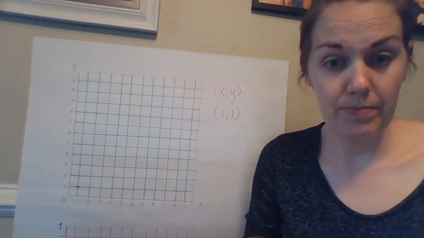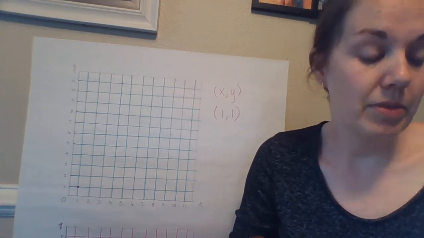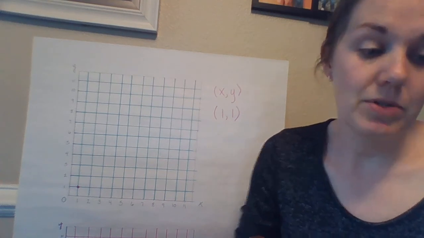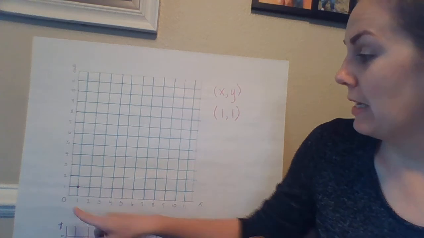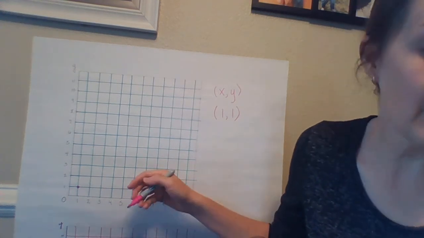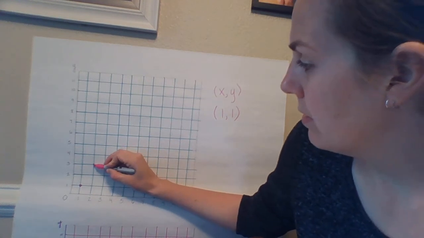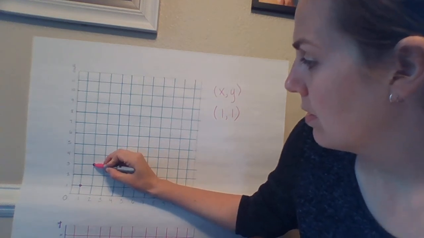1, comma, 1. B says, what ordered pair represents face painting? For face painting, you would have your point here.